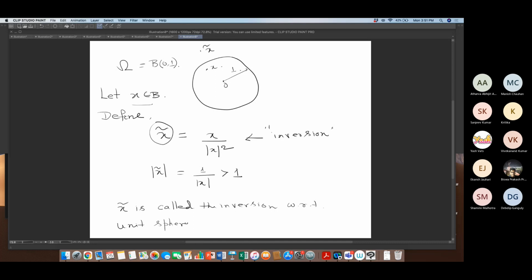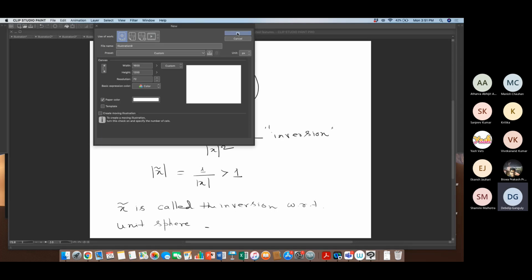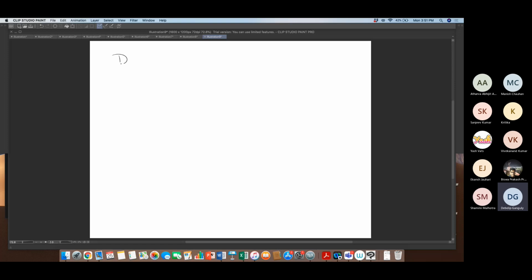Of course, it has some properties. Now define your phi of x y, the harmonic function, as phi of mod x times y minus x tilde.